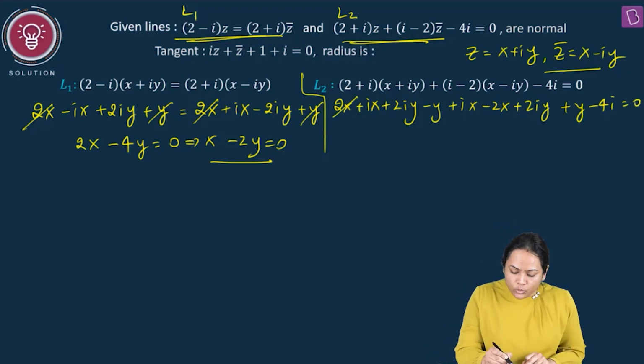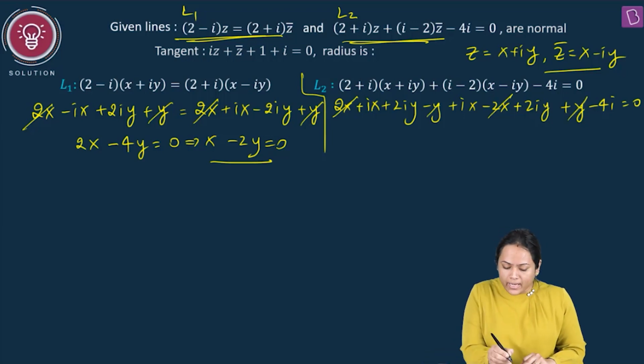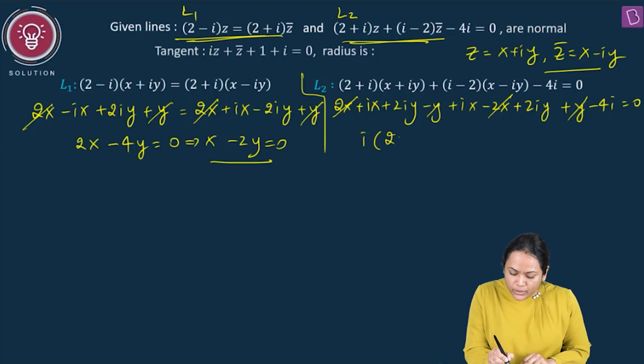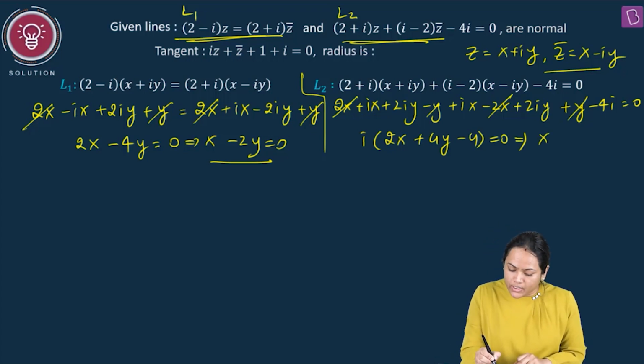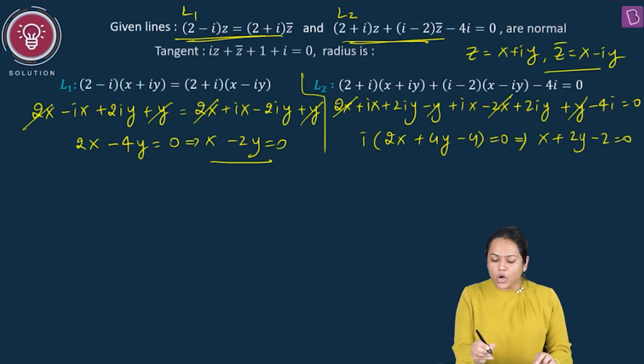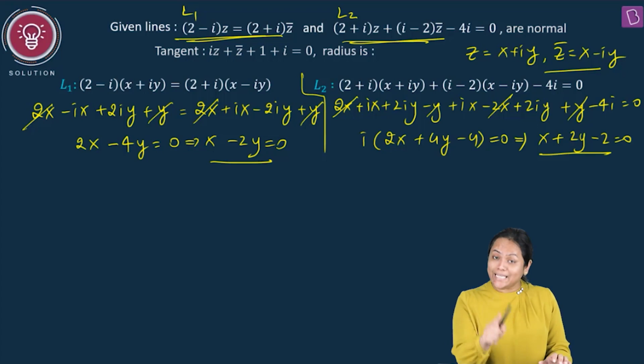So again, my 2x is getting cancelled out and my y is also getting cancelled out. So I have iota times of 2x plus 4y minus 4 is equal to 0, or I can say that my normal 2 will have the equation x plus 2y minus 2 is equal to 0. So now I have the two normals in Cartesian form.